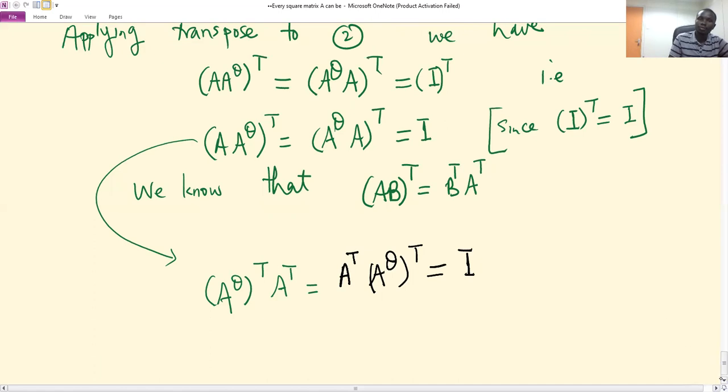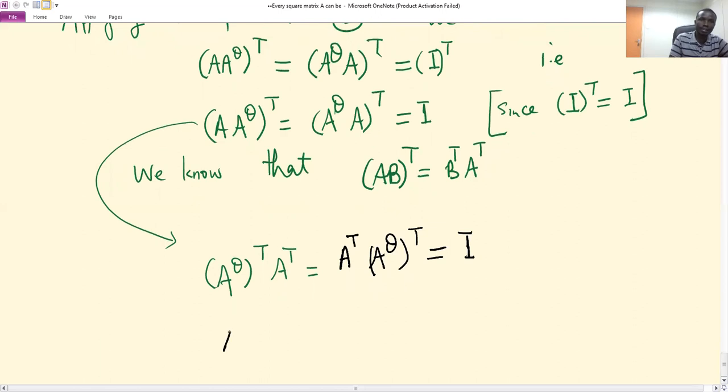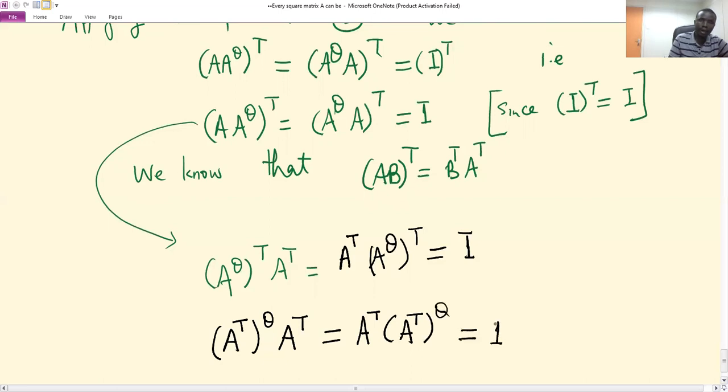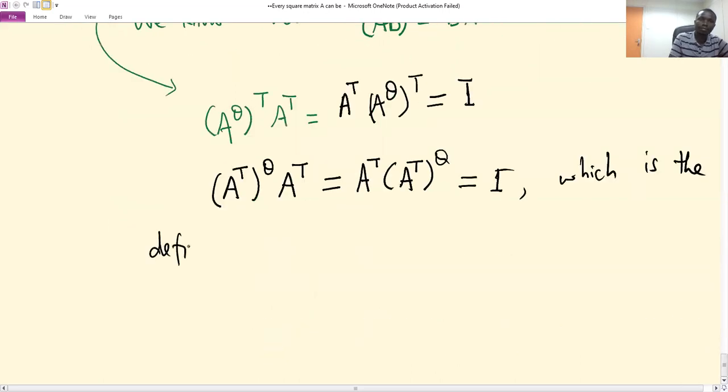So this can be written as A transpose power theta times A transpose equals A transpose A transpose power theta equals I, which is the definition that A transpose is unitary. So that is how we prove that result.